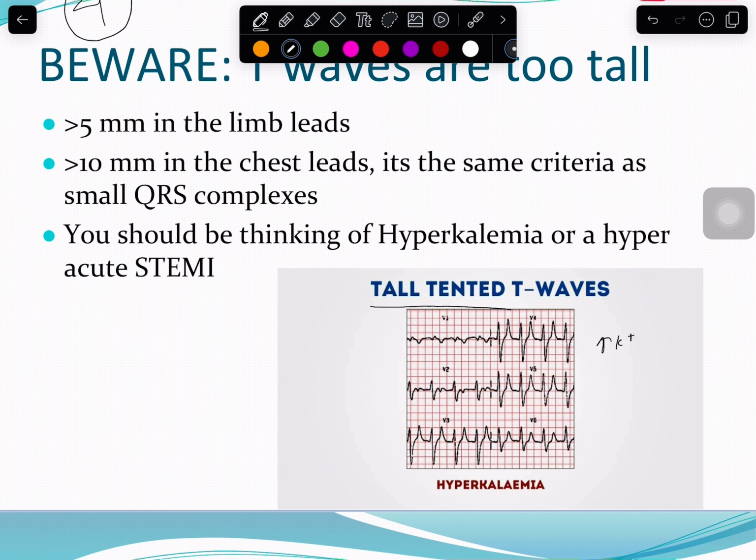It also can be because of NSAIDs, and it can also be because of foods like banana, papaya, and green leafy vegetables. And the normal serum potassium is usually 3.5 to 5 mmol per liter. So hyperkalemia is seen whenever the potassium is greater than 5 mmol per liter.